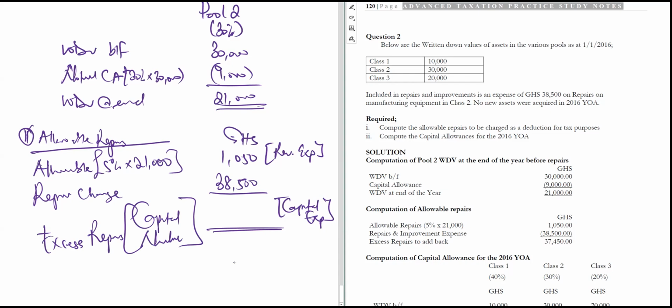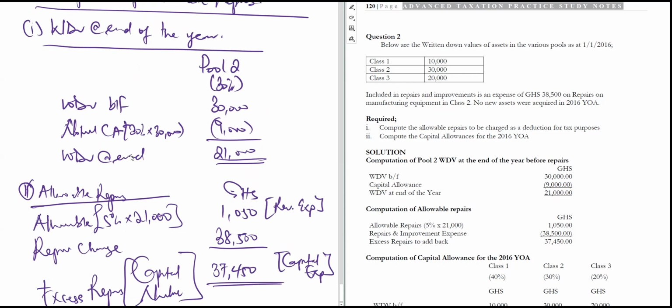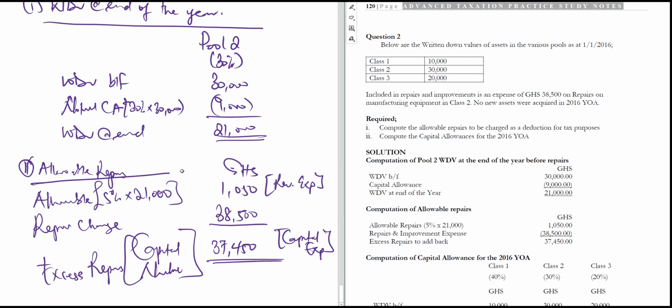That's how much? 37,450. That's it. Agreed. Makes sense. Makes sense. Yes, sir. Yeah. Okay. So with that being said, let's get our capital allowance.